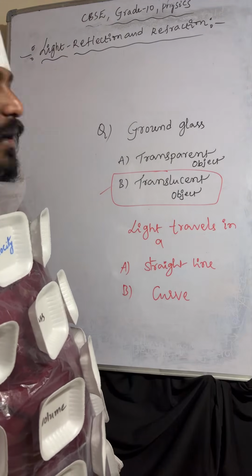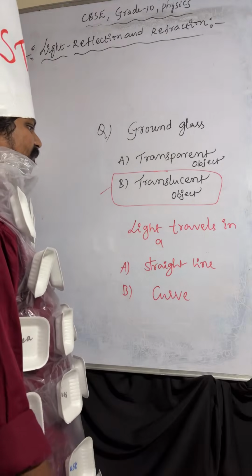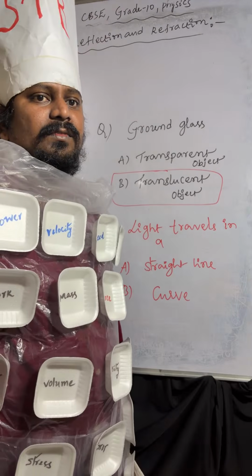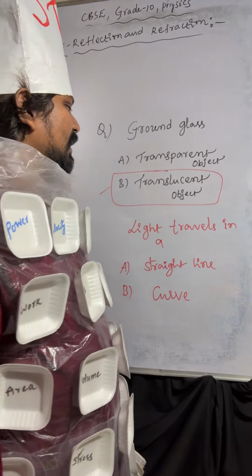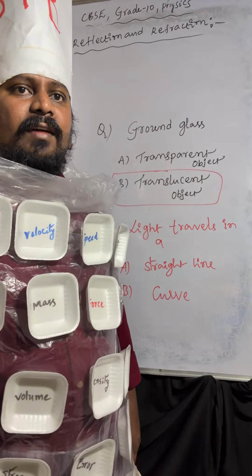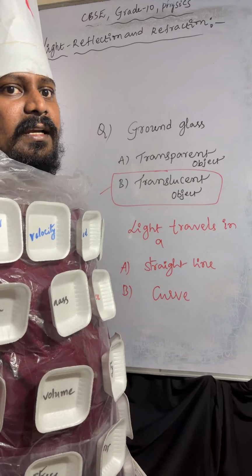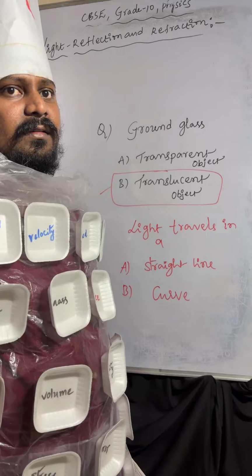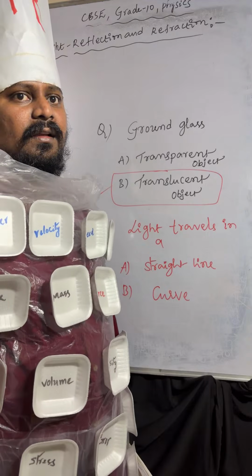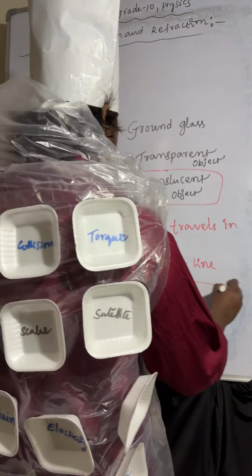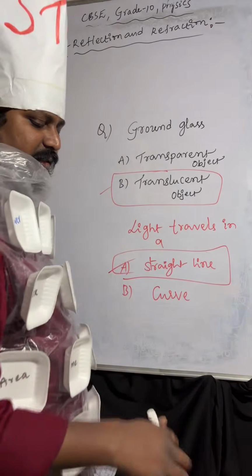Option A is straight line. Option B is curve. Which one is the correct answer? Light travels in normal air or vacuum in a straight line. So option A, light travels in a straight line path.